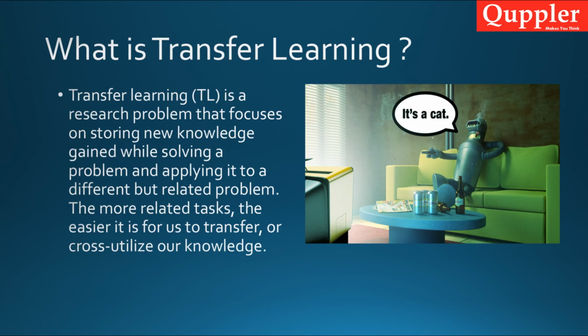For example, this robot sitting on the couch is detecting on a screen, oh wow, it's a cat. How will it identify that? Because we feed lots and lots of data to its neural network to identify that it's a cat.